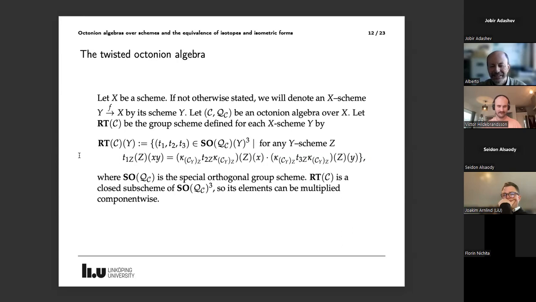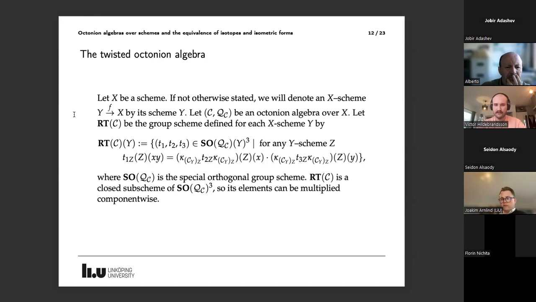Then we will construct the twisted Octonion algebra, and from now on we will assume X to be some scheme, and we will denote the X scheme Y by just its base scheme.